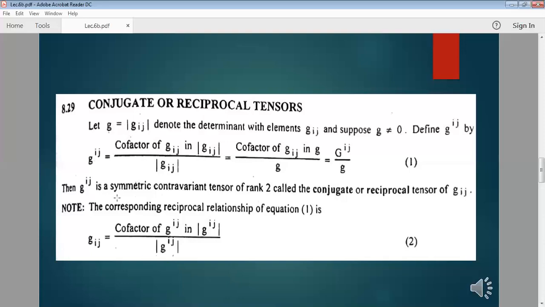Then g^ij is a symmetric contravariant tensor of rank 2 called the conjugate or reciprocal tensor of g_ij. Note the corresponding reciprocal relation of equation 1: if we want to find g_ij in covariant form, it will be the inverse, the cofactor of g^ij over g mod in contravariant form.